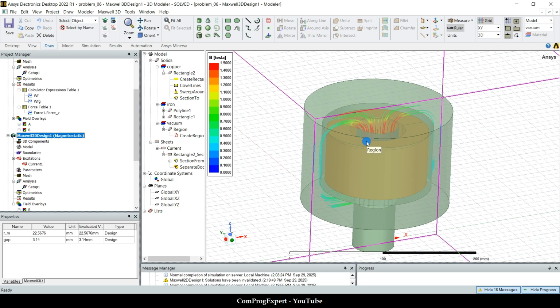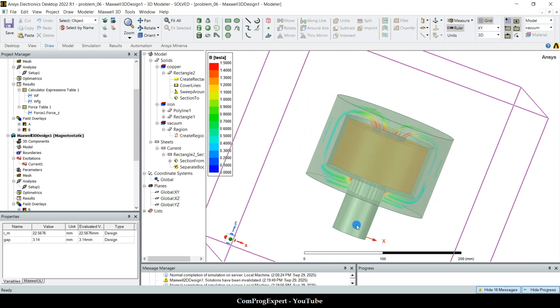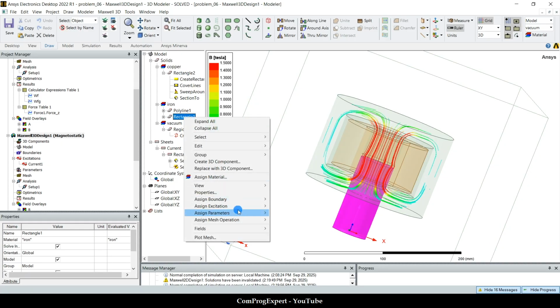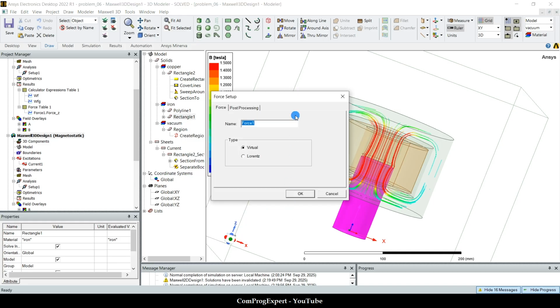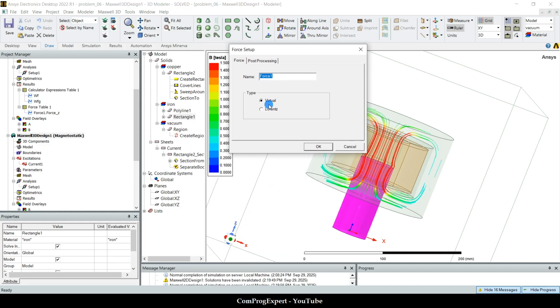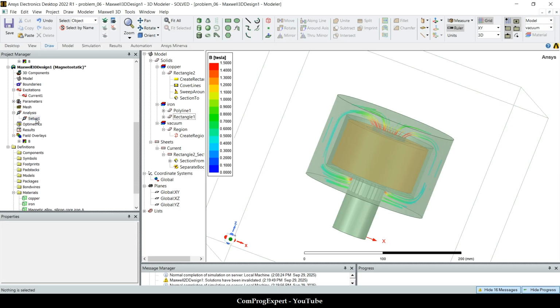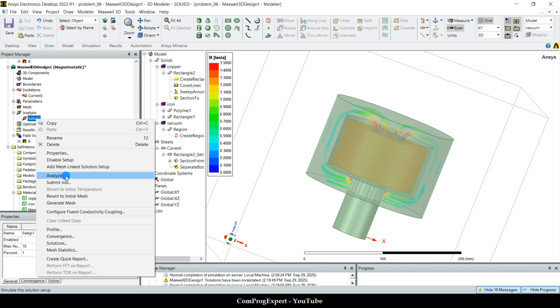So what about the 3D model? We can select the moving part, assign parameters, force. Here we have this option, virtual work, energy and co-energy methods, or Lorentz force. Let's select this one, calculate force using the virtual work method. In 3D simulation, we can select the options.